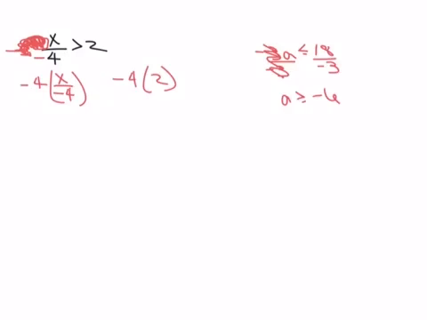So that greater than becomes a less than. So when you divide by a negative or when you multiply by a negative, you change the sign. When you add or subtract negatives, you don't do anything to the sign. But when you multiply or divide by a negative, don't forget to change that sign around.